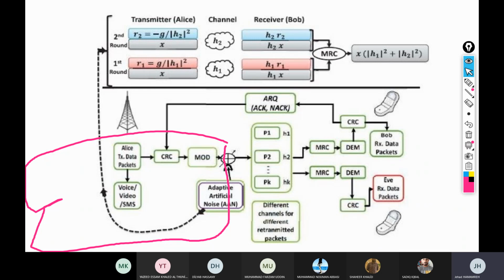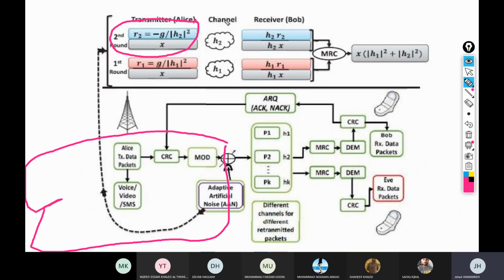This is the second packet. While we send the second packet here, you design the second signal, the alignment signal or the artificial signal, which is called R2, in such a way that it can cancel the first signal when they get combined at the receiver. So what are the main things that you are exploiting and making use of in this technique?